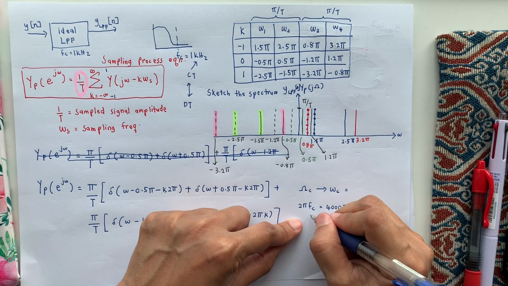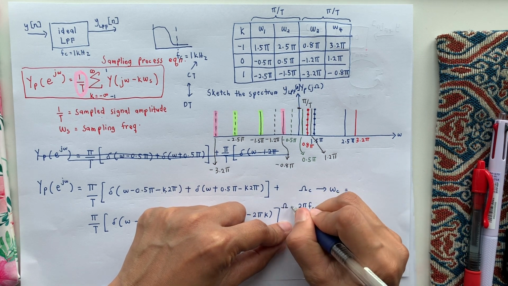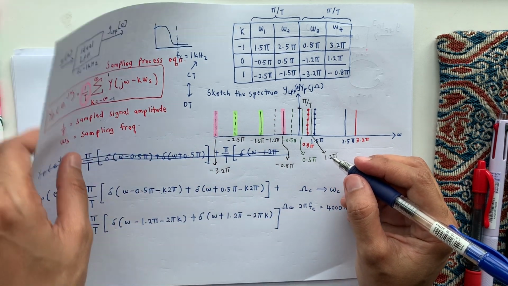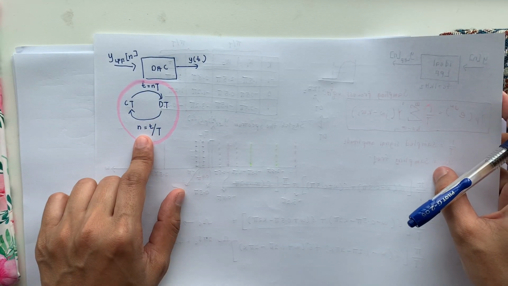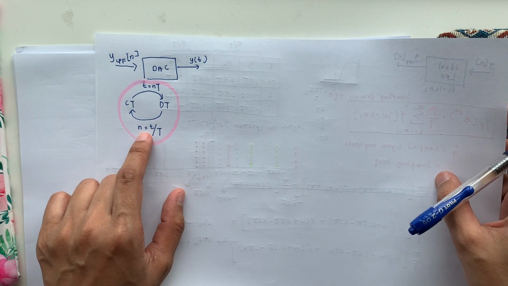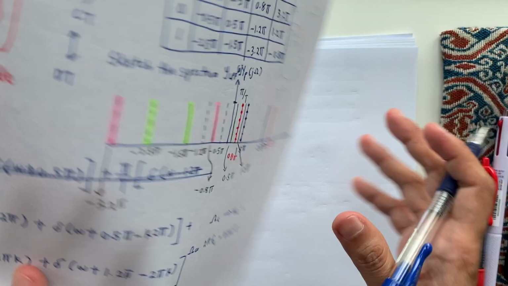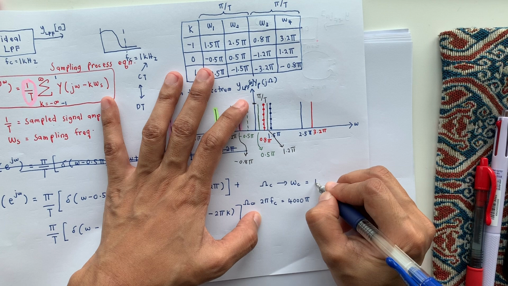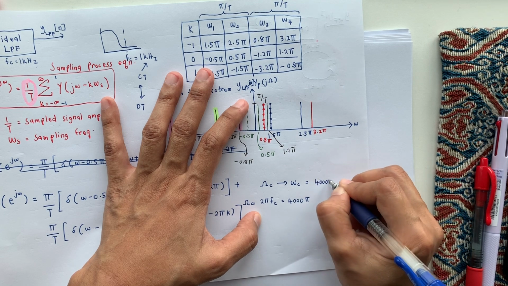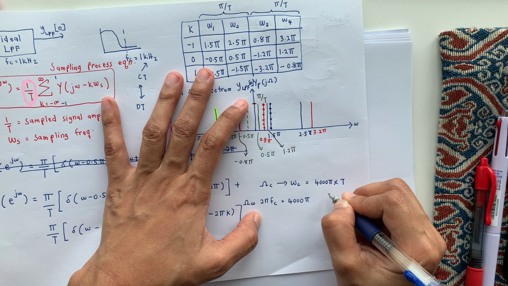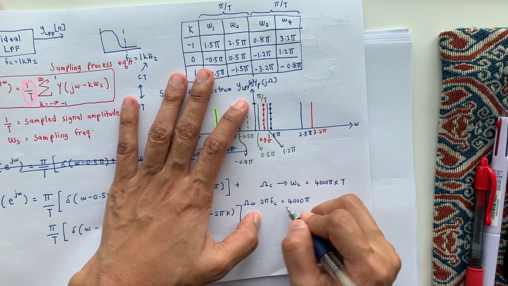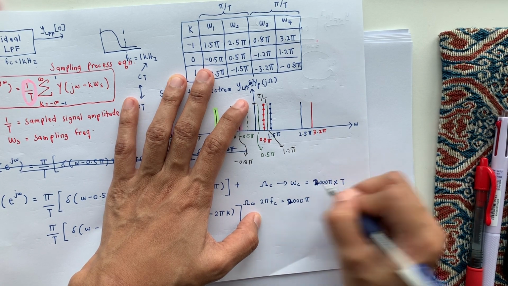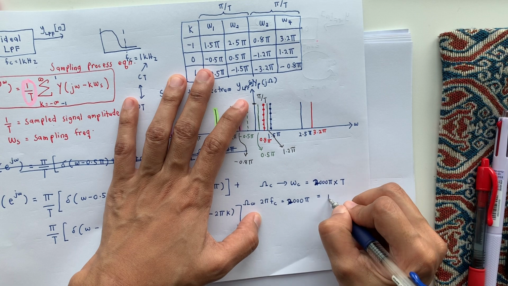To convert from this omega c to small omega c, you have to remember the system: you replace your t with nT, so you multiply by T. Oh, sorry, it is not 4000, it is 2000. So 2000 pi times T, you will get pi.